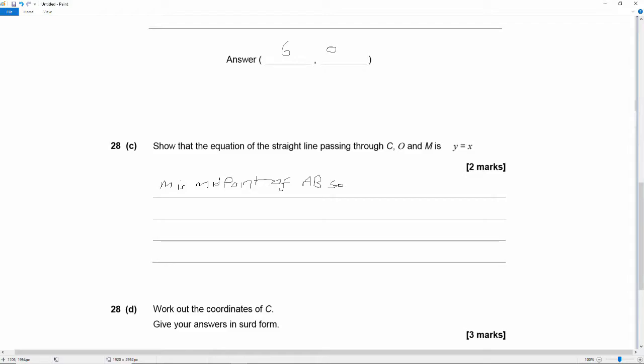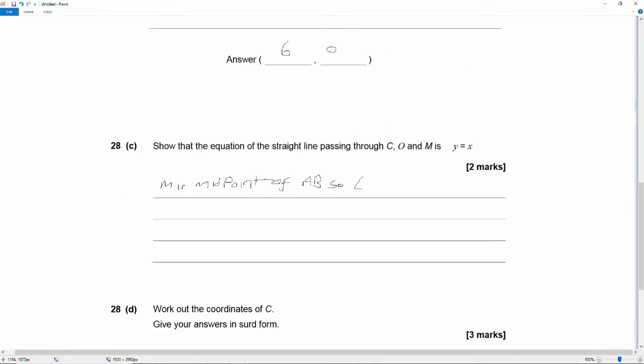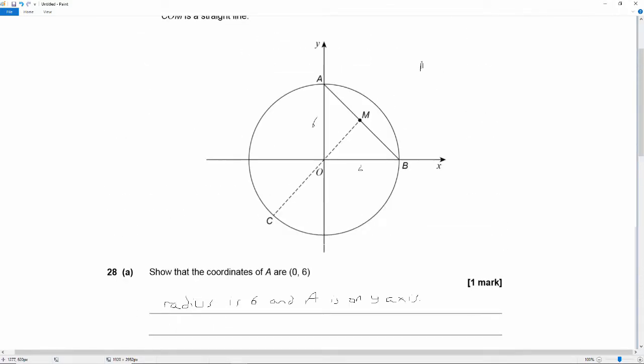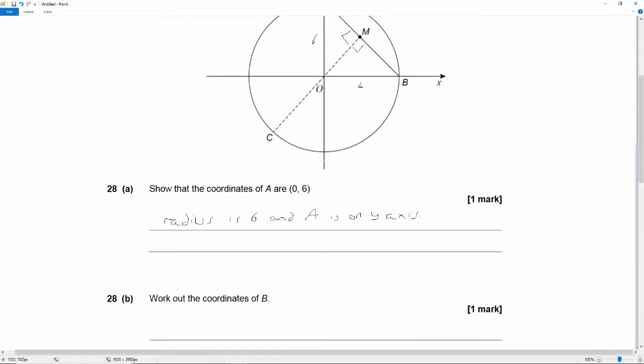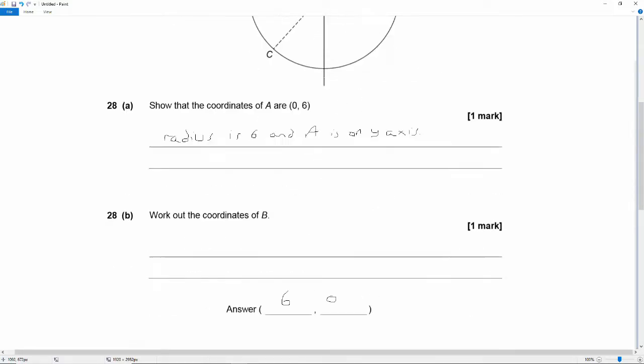So the angle OMB or OMA, whichever, is going to be 90 degrees. OMB is 90 degrees. Which means that line COM is perpendicular to AMB.